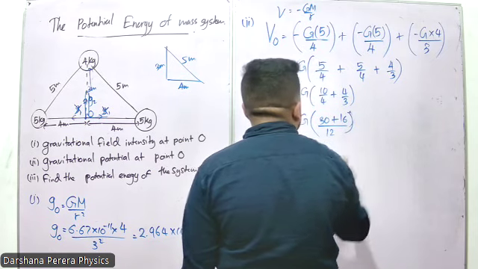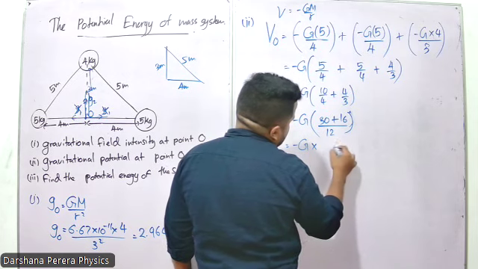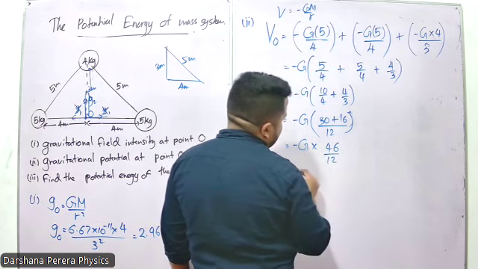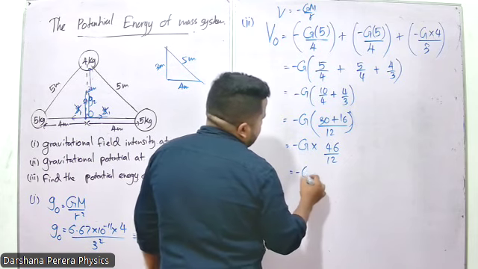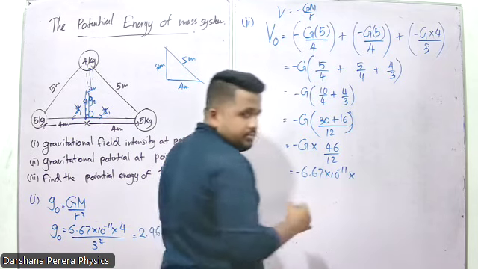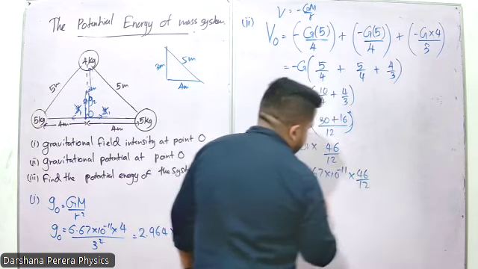So this is the answer. Minus G 64 over 12. So 6.67 into 10 to the power minus 11, 46 over 12.